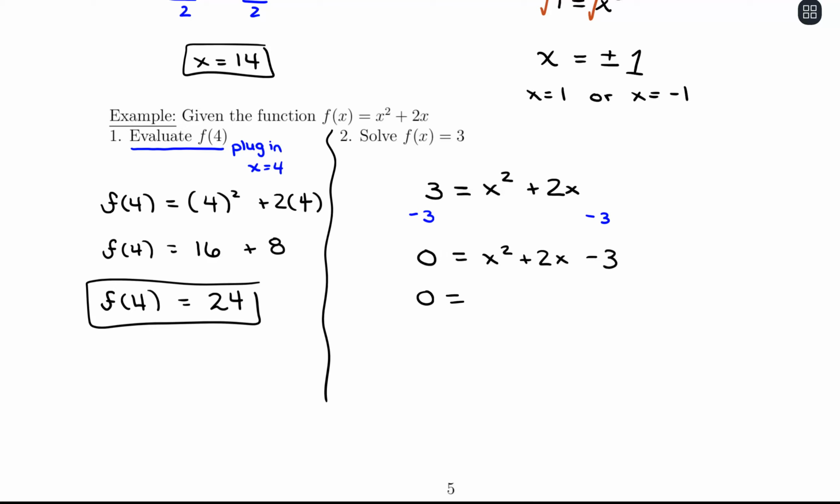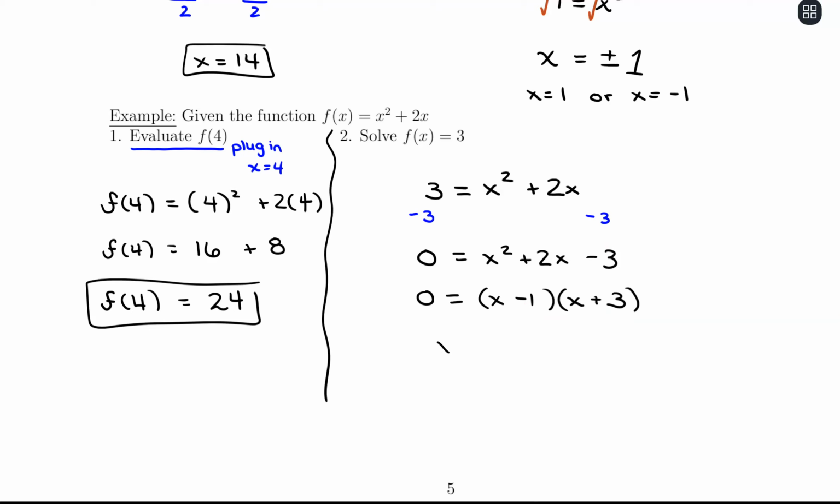And then 0 equals, and I want to use those properties of factoring. So I'm going to factor this x squared plus 2x minus 3. Let's see, we're going to have x, and it looks like a positive 3 and a negative 1 together is going to work for us. So again, I'm thinking of 3 minus 1, that's giving us that positive 2 in the middle, and then negative 1 times positive 3 is giving us that negative 3.